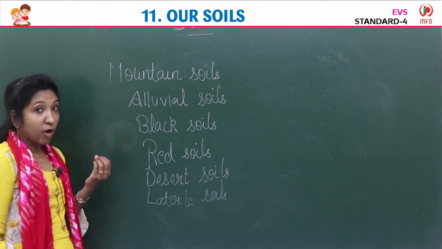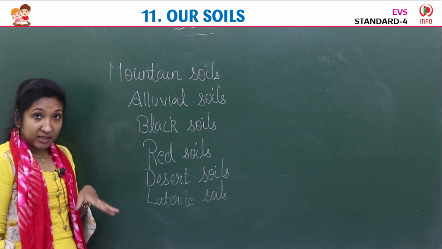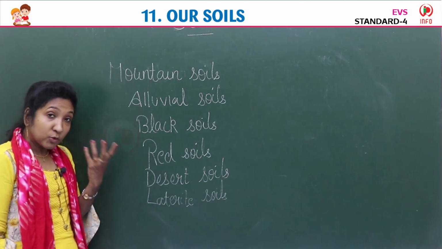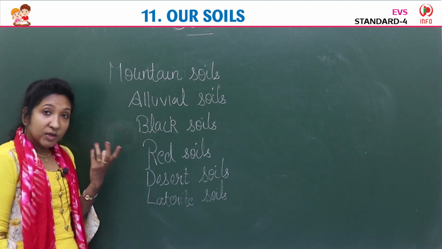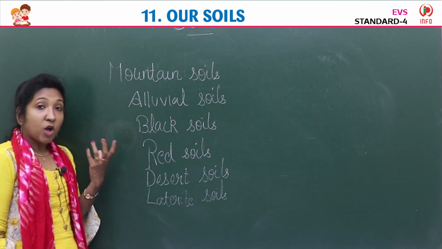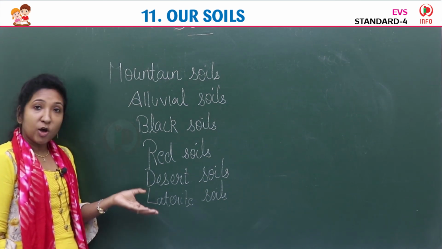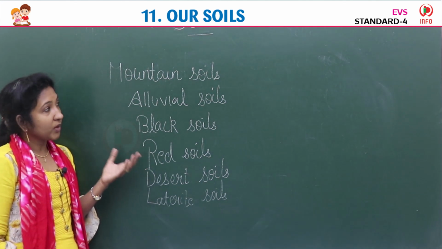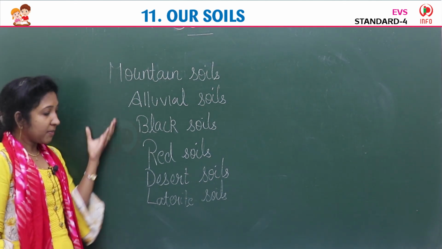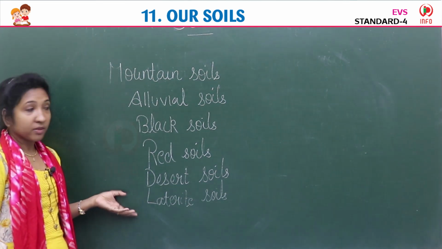We learned what kind of soil they are, how much fertility is there, what all things we need to add to improve the fertility, and the crops that grow well in these soils. So these are the major types of soil we learned.